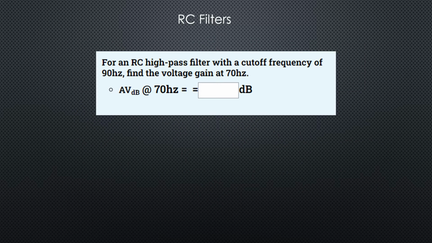Okay, so we've got a high pass filter. Let's draw the response curve. There's your high pass. So we know that the cutoff frequency is 90 hertz, and we're interested in the dBs at 70 hertz.